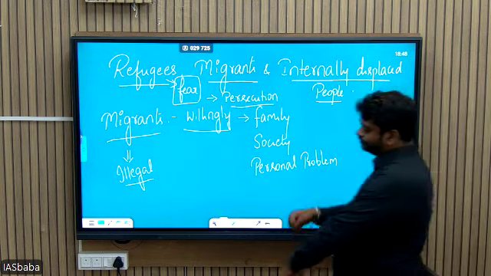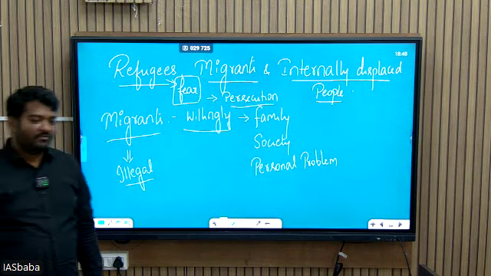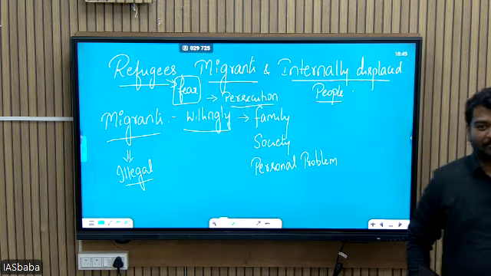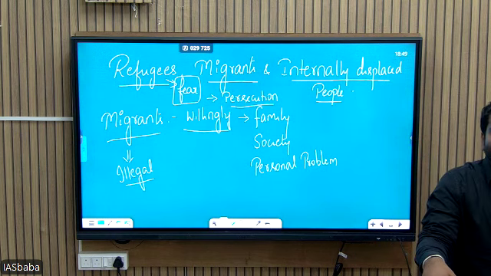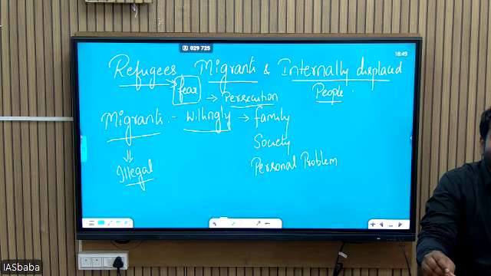Legal migrants will take visa permissions, and enter into the country. Whereas illegal migrants will enter without permission.